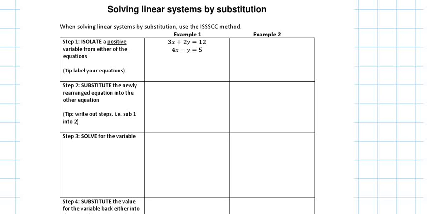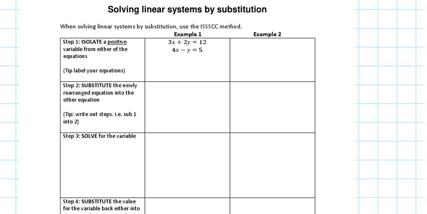So the first thing you want to do: we have the two equations, right? 3x plus 2y equals 12, and 4x minus y equals 5. The first step is to isolate a variable with a positive 1 in front of it from either of the equations.